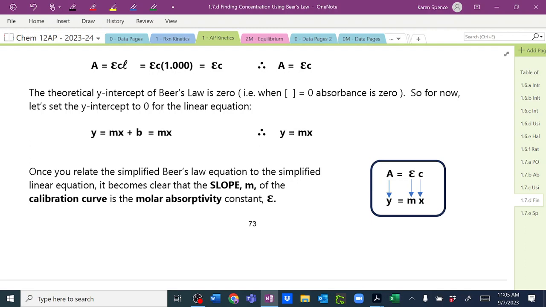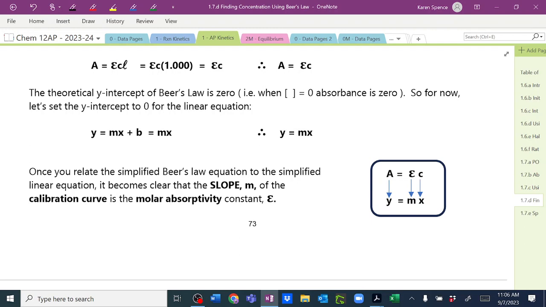What is our slope? It's the absorptivity. So what would the unit of absorptivity be? The molar absorptivity constant, that letter epsilon, I think it is. Yeah. But to be honest, there actually are centimeters in there as well.